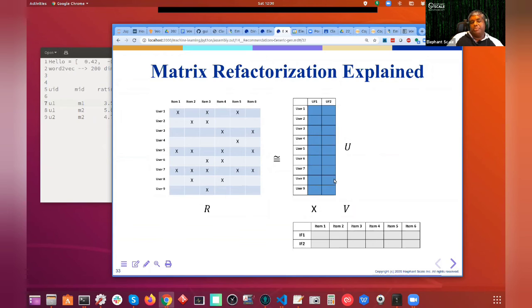And how is it possible? Because of the way we factorize the matrix: when you go back, you don't get the original matrix 100%, but you get pretty close to it, an approximation. So you're losing some information when you break it up. But the reason we do this is that it's much more manageable than one giant matrix.